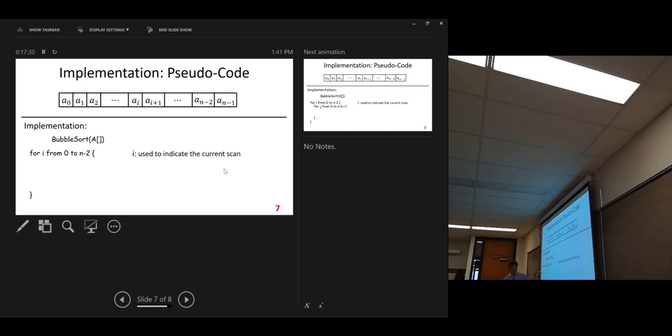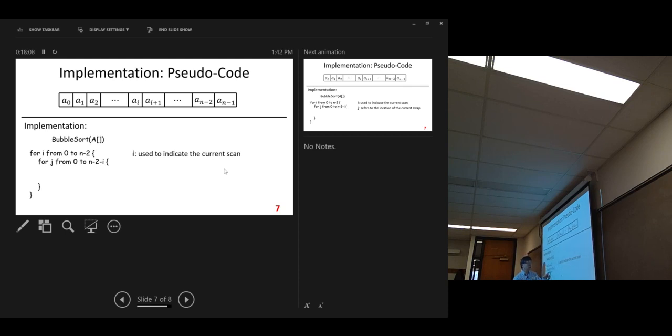Inner for loop. j also starts from 0, but you stop at n minus 2 minus i. In your first scan, your j stops at n minus 2, the last pair. Second time, when i is 1, your j stops at n minus 3. Every time your j stops one position earlier.